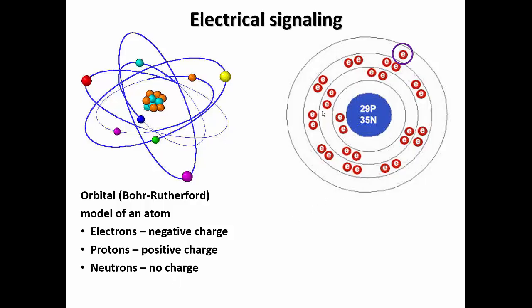This is a simplified Bohr-Rutherford model of a copper atom. And as we can see here, the copper atom is number 29 on the periodic table because it has 29 protons and it has 35 neutrons.